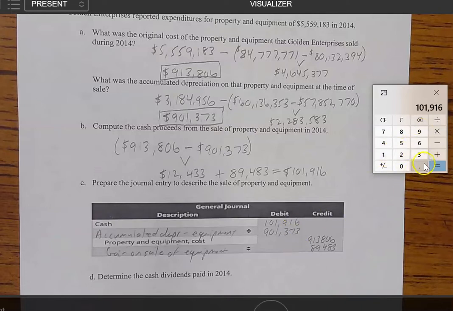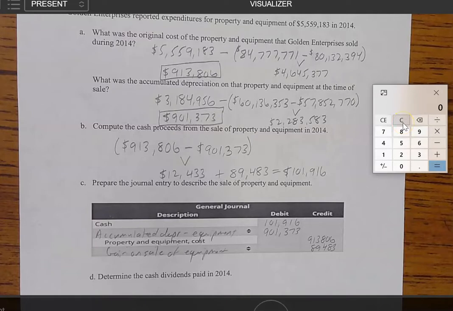Let's see, 101,916 plus 901,373 minus 913,806. Now I'm going to hit the minus sign, and you can see that our figure on the calculator, 89,483, matches our remaining balance. So obviously if I subtract 89,483, I will end up at 0. Instead, I'm just going to clear it out that way.